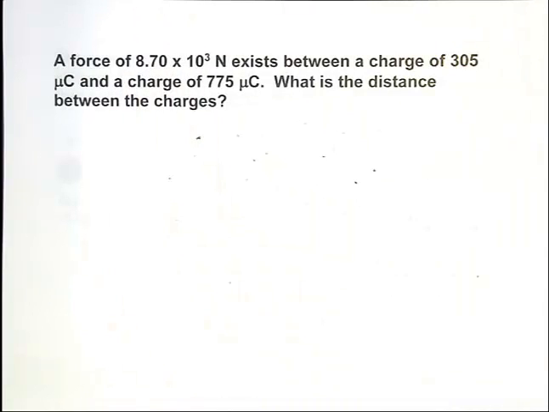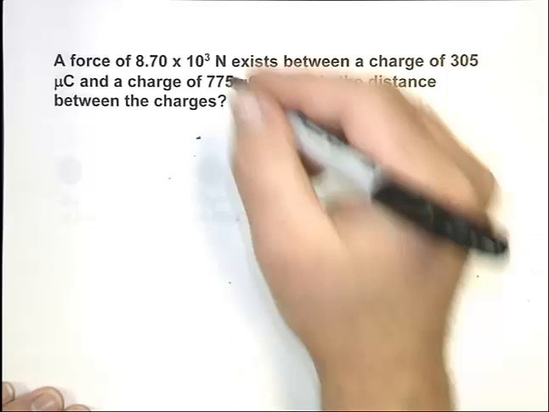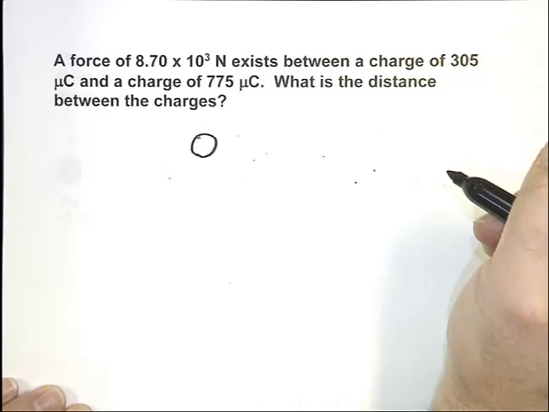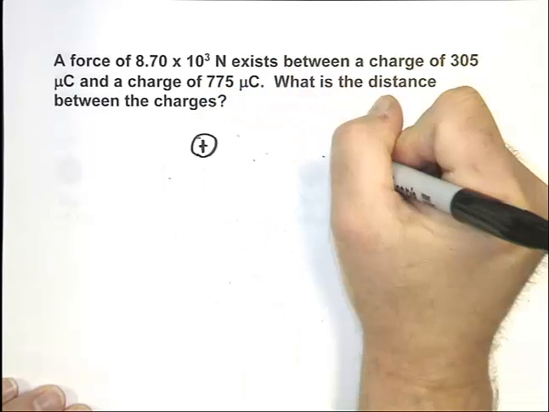Another example. A force of 8.70 times 10 to the third newtons exists between a charge of 305 microcoulombs and 775 microcoulombs. What's the distance between the charges? Alrighty, so we've got a pair of positive charges.